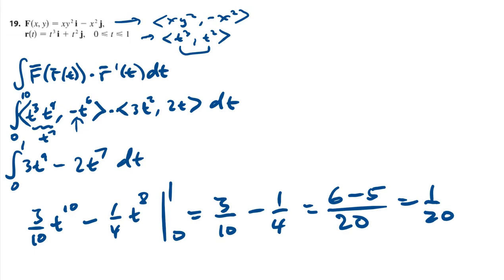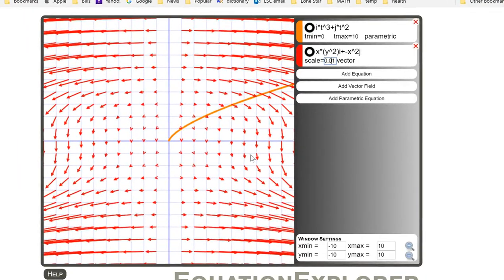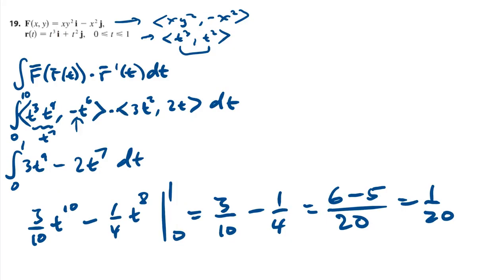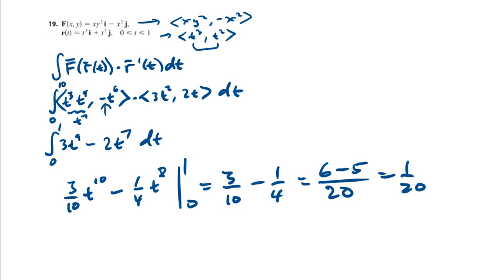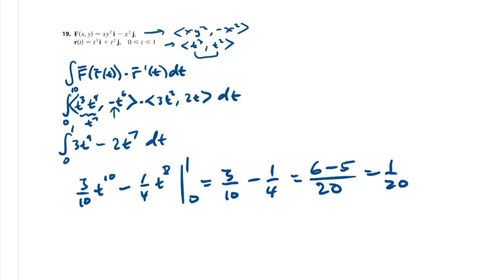The force wasn't very big there. Let me pull it back over. See, the force wasn't very big there, so there's not a whole lot going on as far as work goes. So now let's do it from 0 to 10. Maybe not 10, it's pretty big there. I'm going to have to do 10 to the 10th.